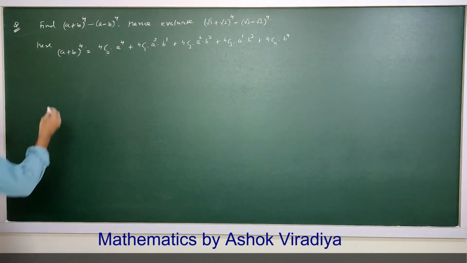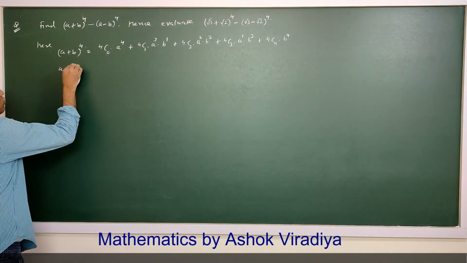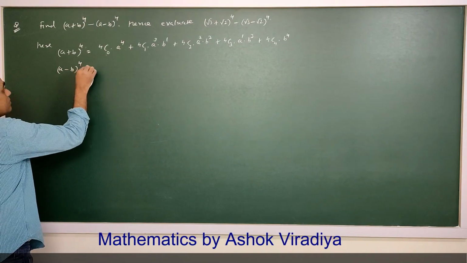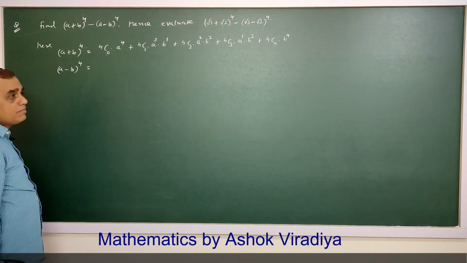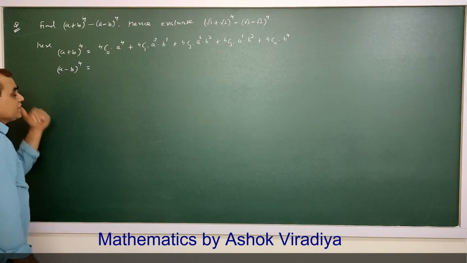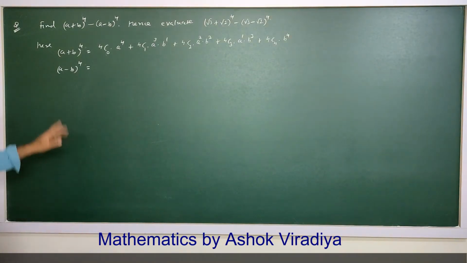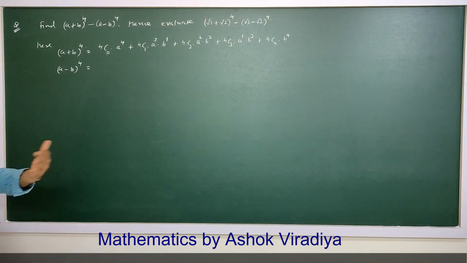Now I write the expression for (a minus b) raised to n. Below this first line we arrange the second line. Here the only difference is the alternate sign.